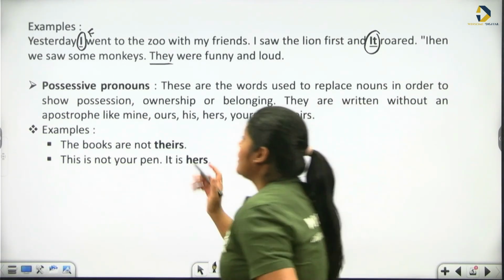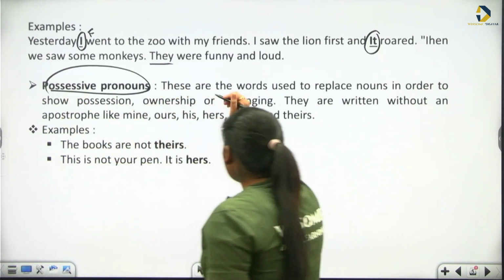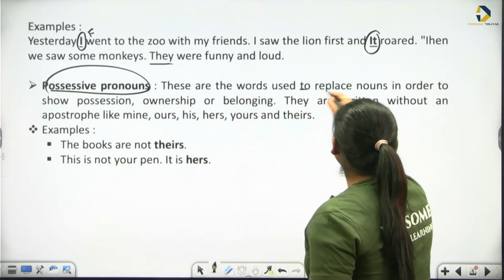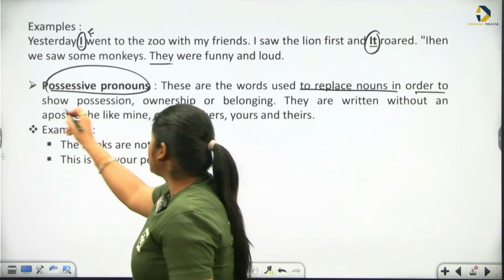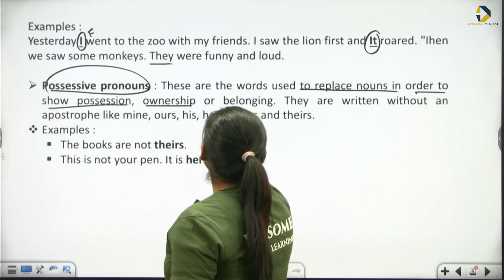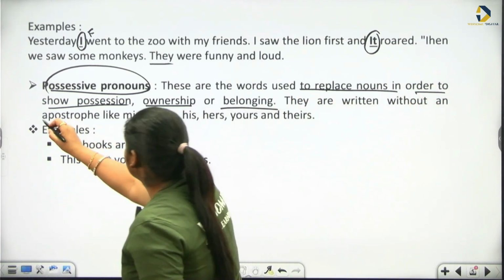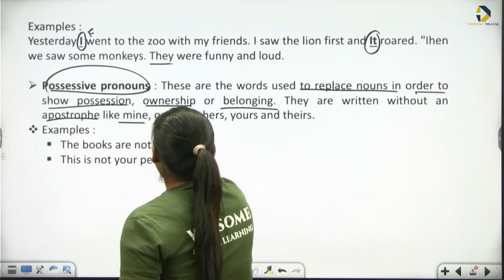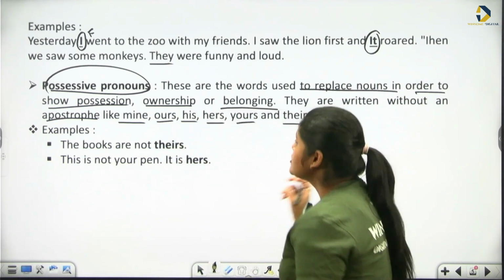Okay. Now another one is possessive pronoun. Now what is a possessive pronoun? These are the words used to replace a noun in order to show possession, ownership or belonging. They are written without an apostrophe, like mine, ours, his, hers, yours and theirs. Okay. Now what is a possessive pronoun?